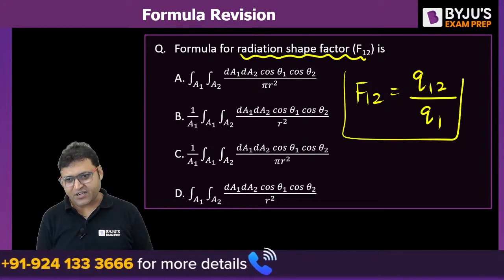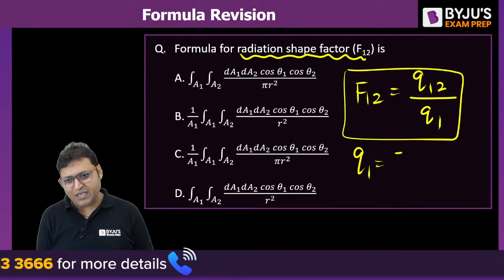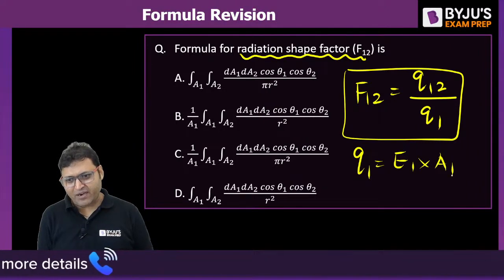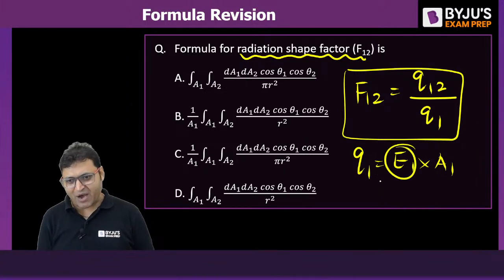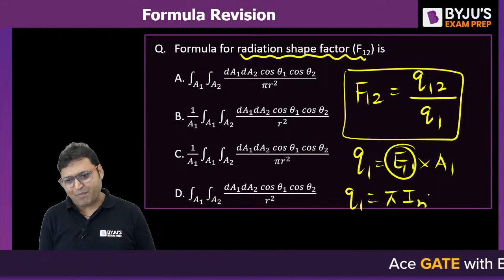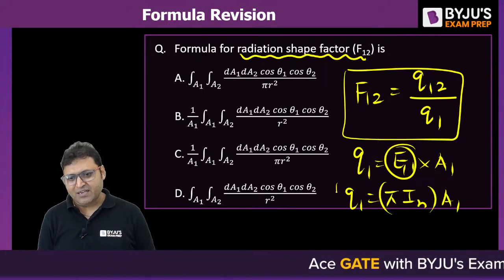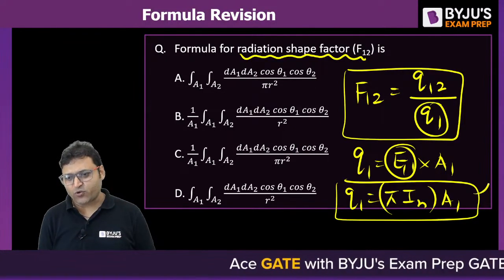Q1 is equal to E1 into A1, emissive power of surface 1 into area of surface 1. And emissive power can be written in terms of intensity, pi times intensity into A1. That is Q1.